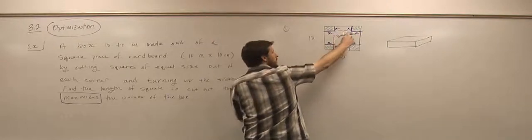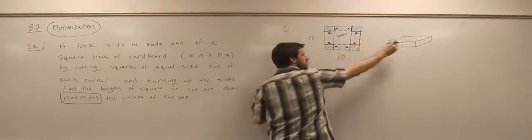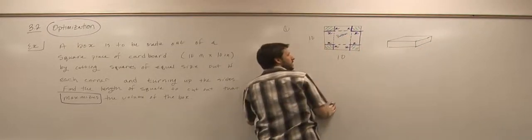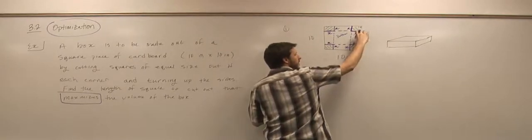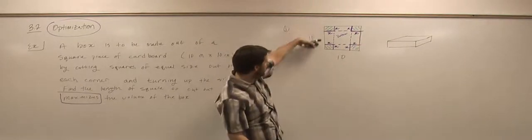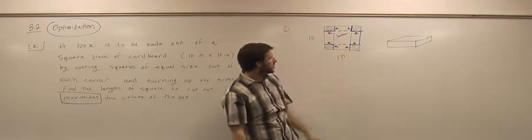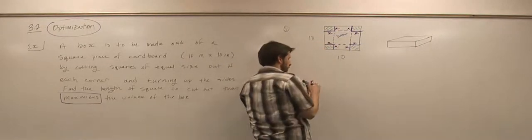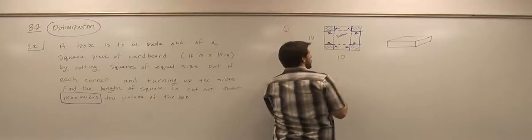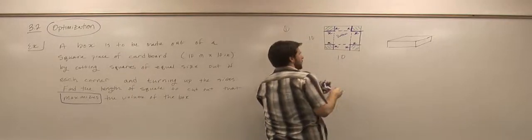So when I fold this up, I need to know what this side length is so I can label this base length. The way to figure out this side length is to take your total side length, which is 10, and subtract 2 x's because you've cut out 2x worth. This whole distance is 10.